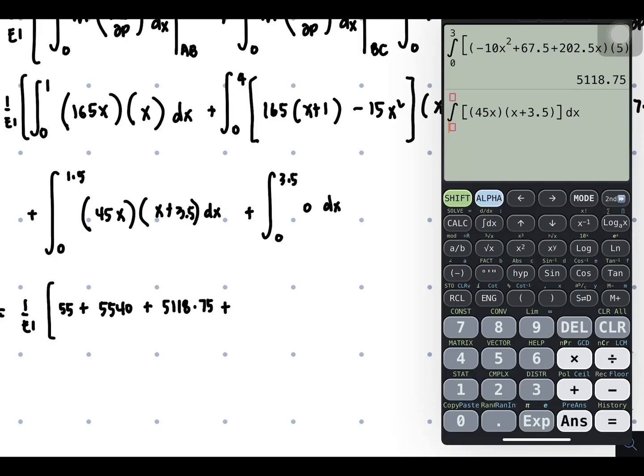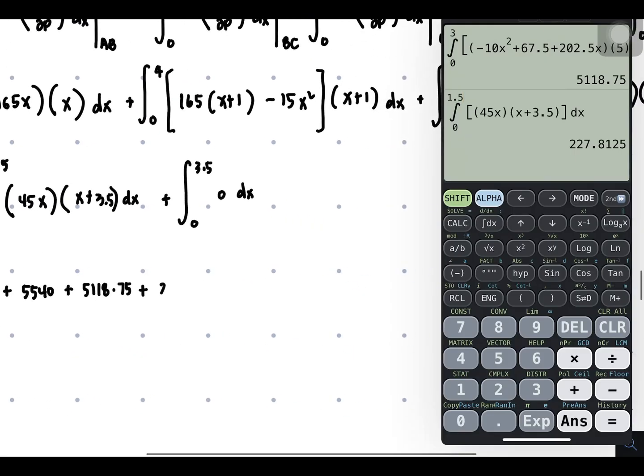So the limit is from 0 to 1.5. That gives 227.8125.